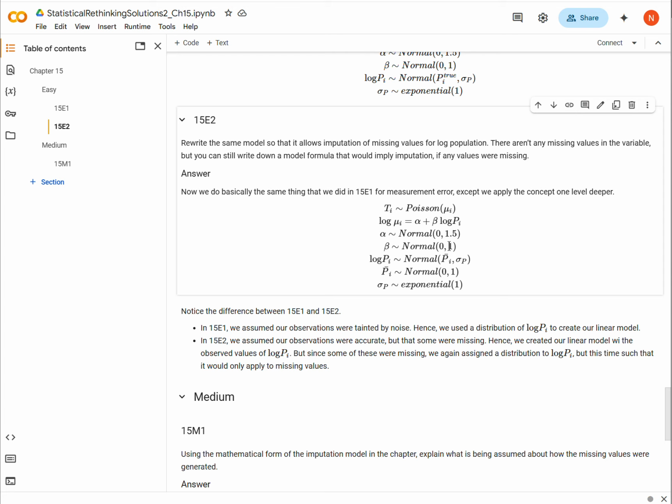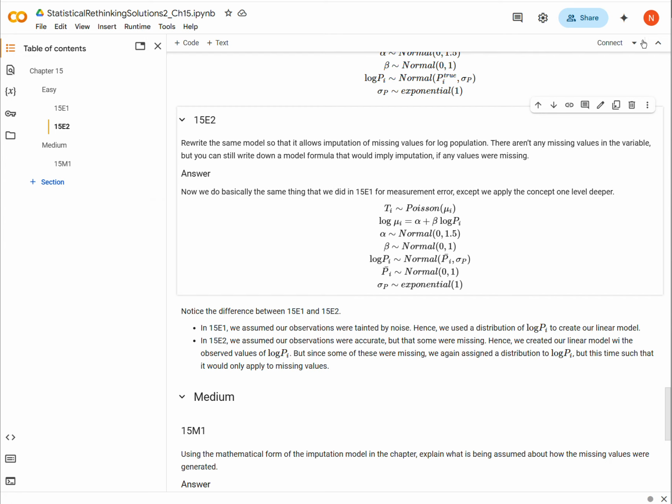This is implying that every single log population is being drawn from its own distribution, P bar sub i, and that's not correct. That's not what we wanted to do. We wanted all of the missing values to be drawn from a single distribution.